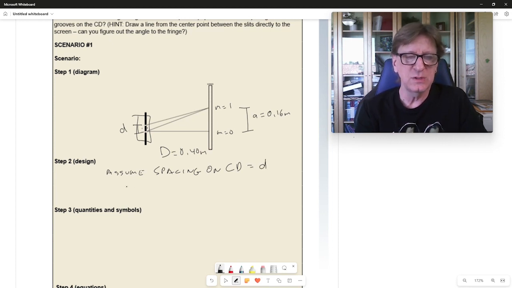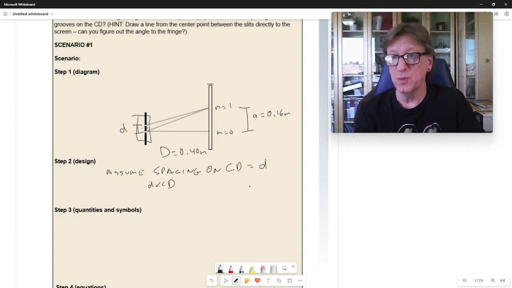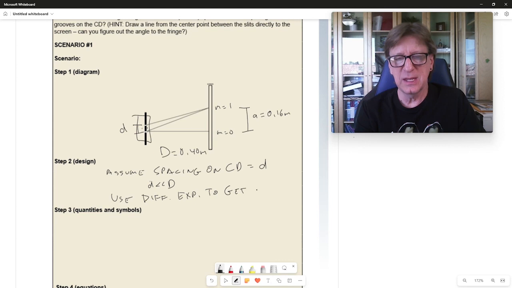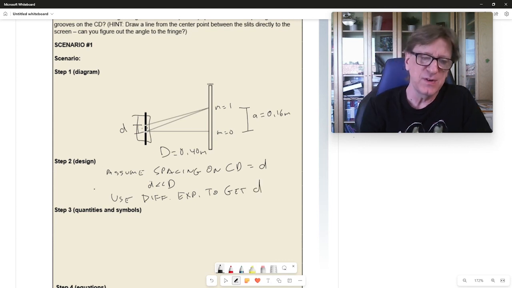We're also going to assume that d is much less than big D, so that I can use the small angle approximation. And that's pretty reasonable, considering these are going to be the order of a micron, right? And then we're going to use our diffraction expression to get d. All right, so let's define our quantities.